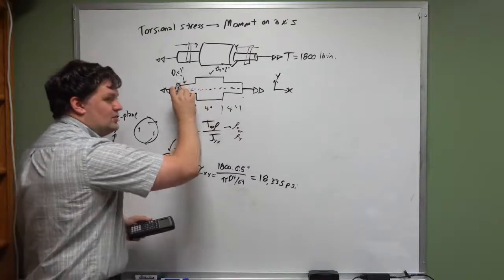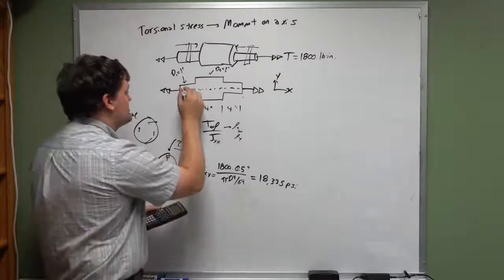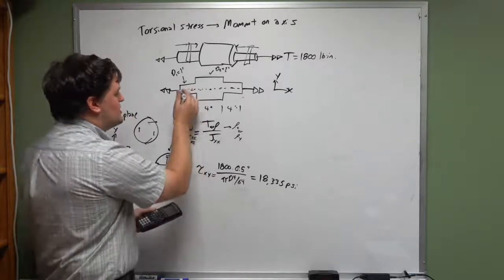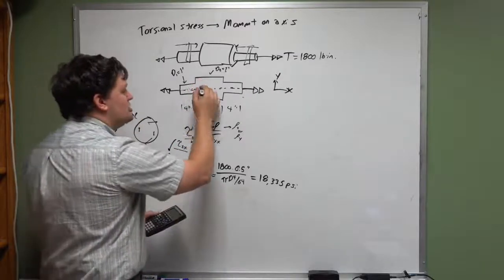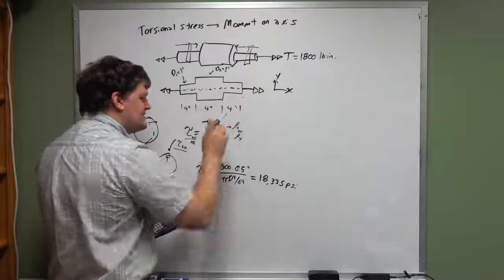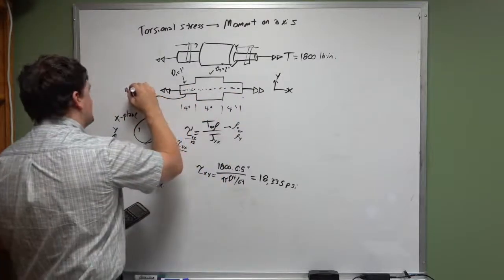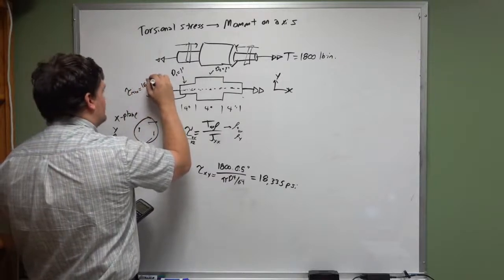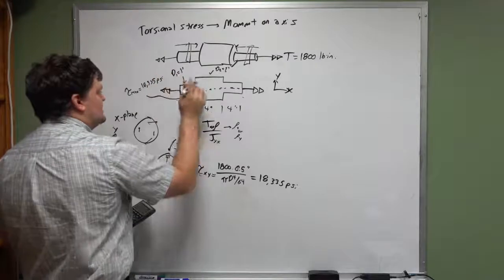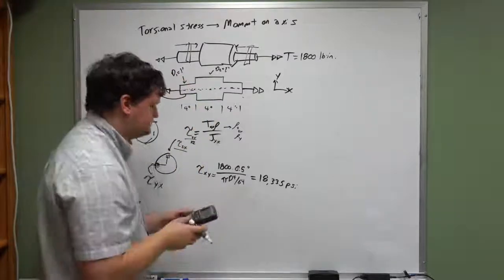Now the geometry and the torsional load does not change from here to here, so that stress is constant from there to there. However, the geometry changes here and it's different here. So while this tau max is equal to 18,335 psi, this is different. We're now dealing with a much larger shaft.